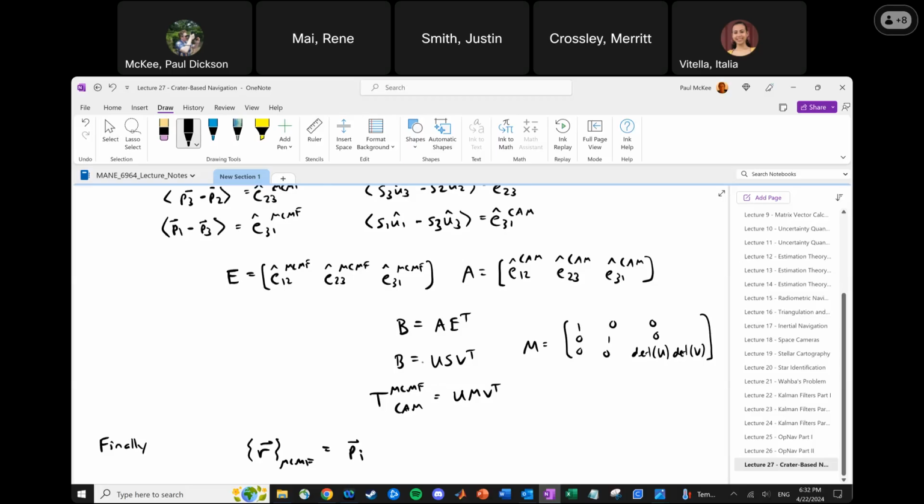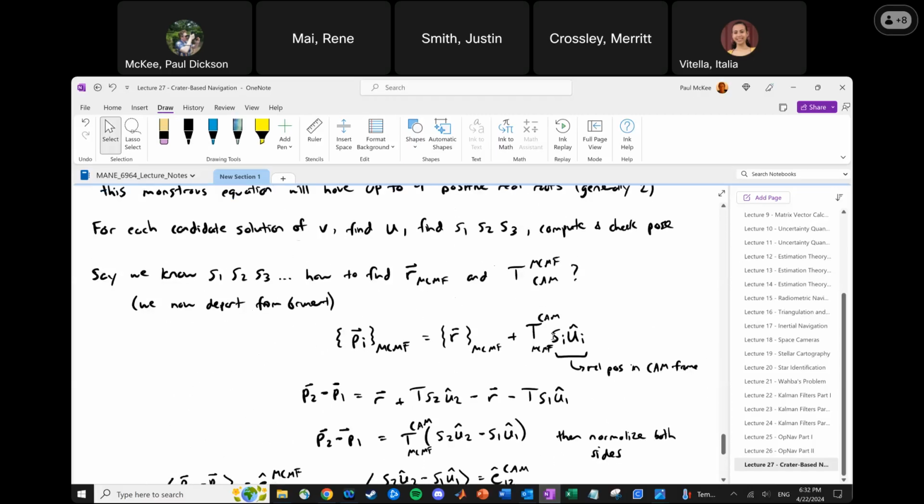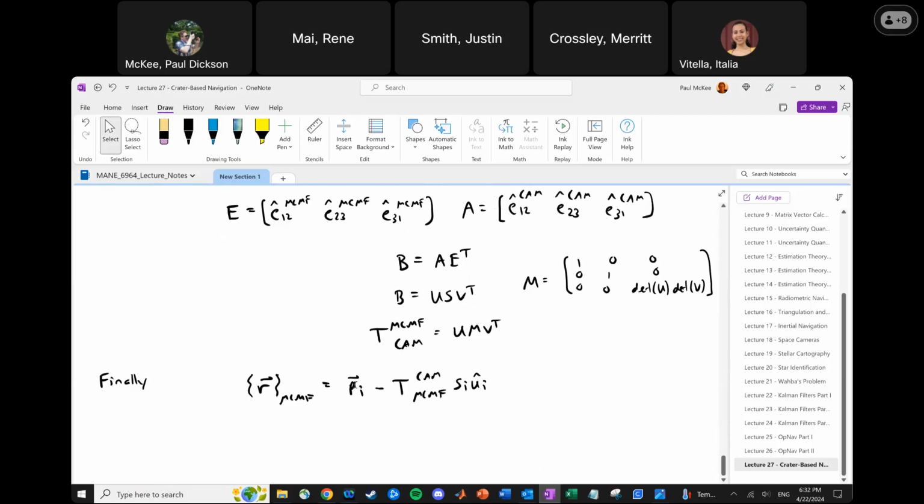You could pick which one you want, or you could compute this 3 times and average them, minus, this is now going from camera to MCMF, T times Si, Ui. And all this is the vector equation that we started with up here, just rewritten where we're solving for position. So position drops out really easily. Attitude is a little bit more of a fight.